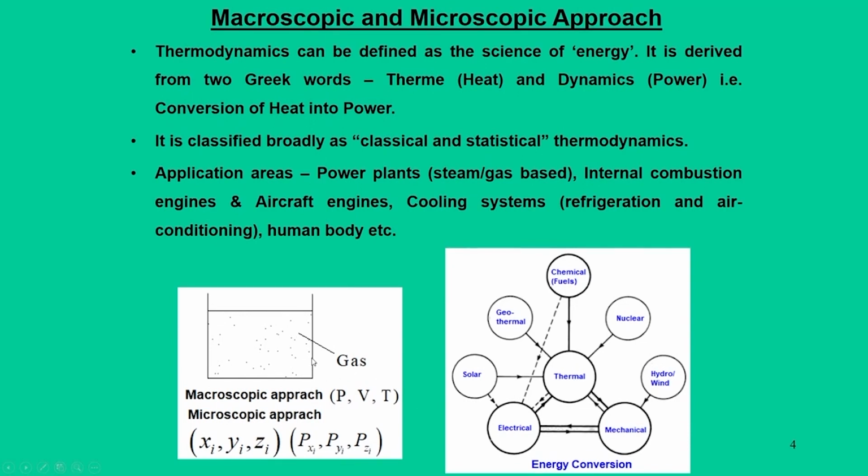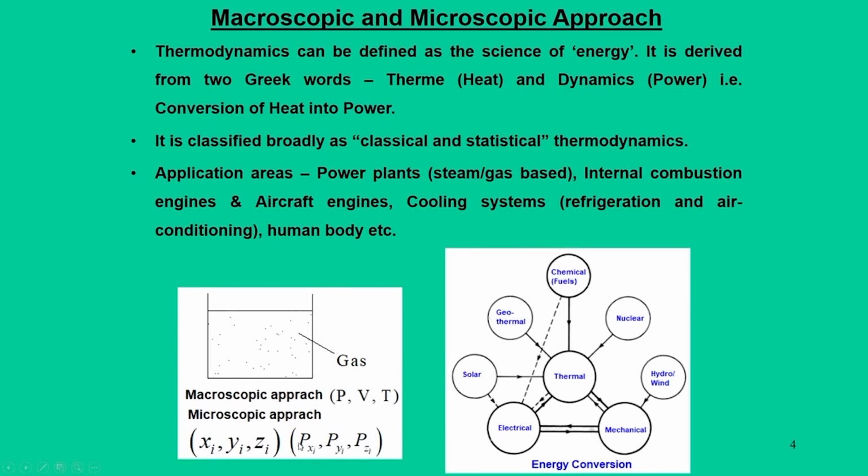Now, in the same sense, if you want to go to the microscopic approach, then we can view this entire gas as an infinite number of molecules, and each of them is placed at a particular location. They are specified by their coordinates xi, yi and zi in space, and correspondingly each molecule has its own pressures in the x, y, z directions, and similar information can be represented for volume and temperature.